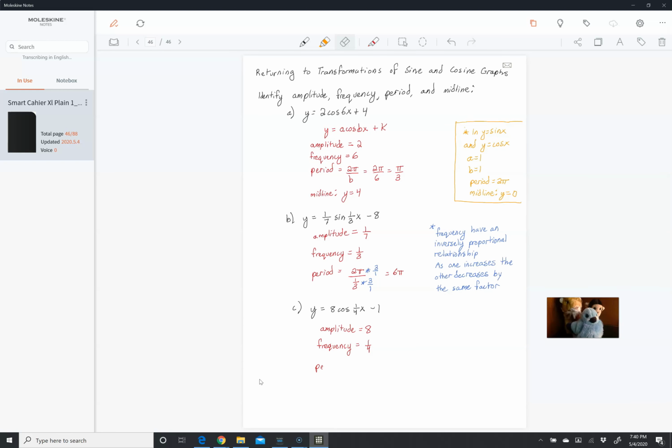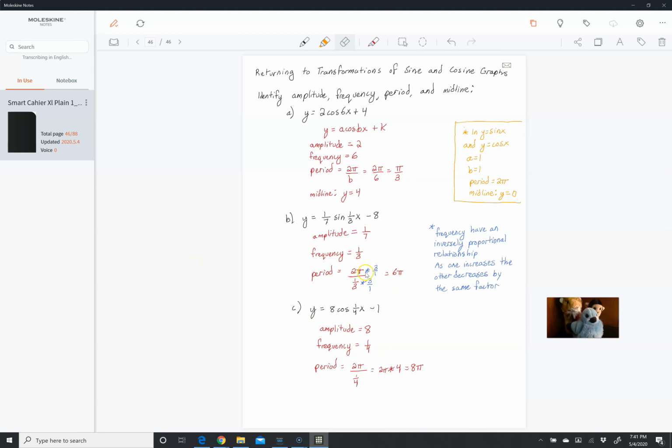Our period is 2 pi divided by 1/4, which is the same thing as 2 pi times 4, or 8 pi. So the frequency is being divided by 4, and the period is being multiplied by 4. Up here, the frequency gets divided by 3, so the period gets multiplied by 3. That could be very helpful in figuring out how to do it.